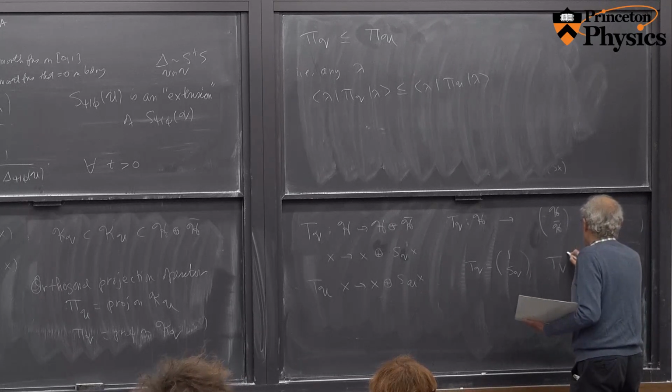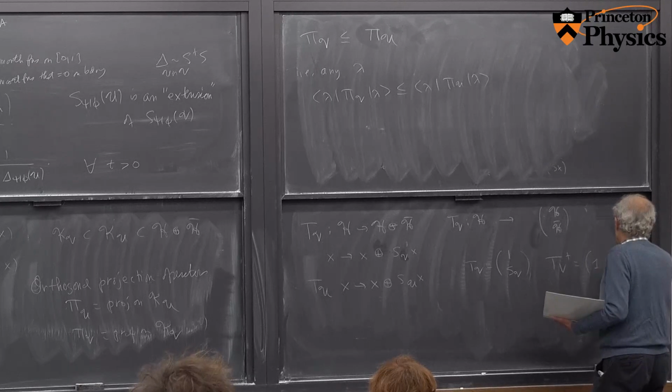And so TV dagger would be a row matrix 1 and SV dagger.